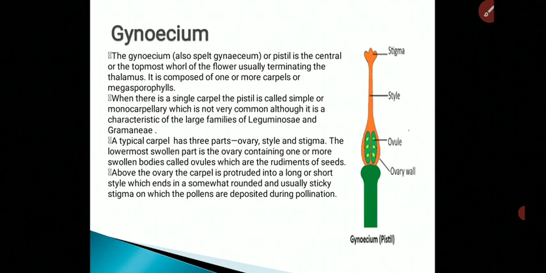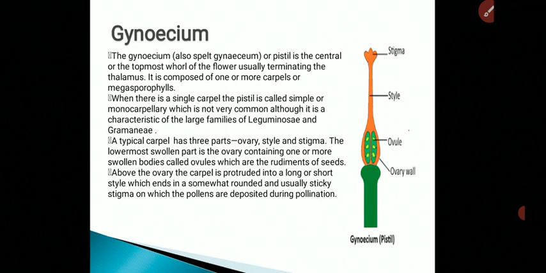When there is a single carpel, the pistil is called simple or monocarpellary, which is not very common, although it is a characteristic of the large families Leguminosae and Gramineae. A typical carpel has three parts, that is ovary, style and stigma.